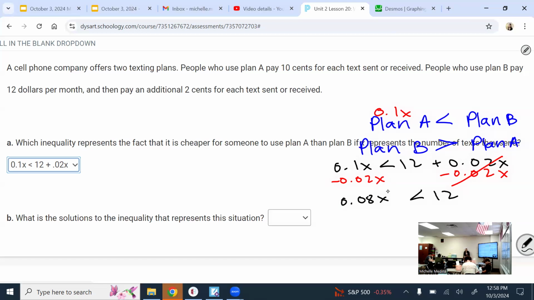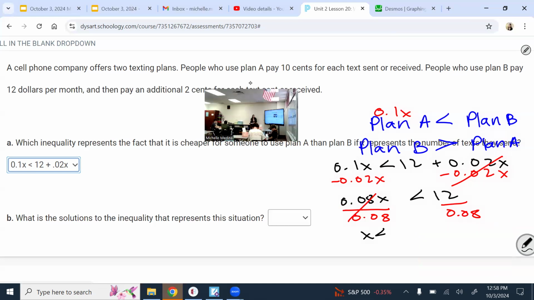What's the opposite of multiplying by 0.08? So that's what we're going to see next, and we're going to do that on both sides. By moving the smaller one, I do not end up having to flip the sign at all. That's good, because that's the only way it's different from solving equations.